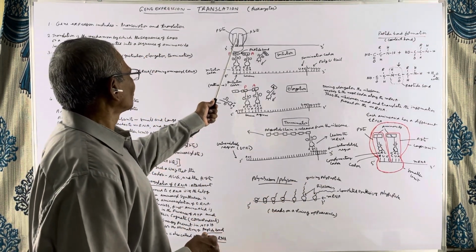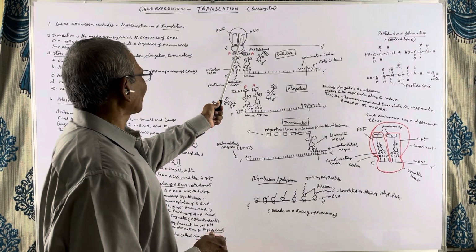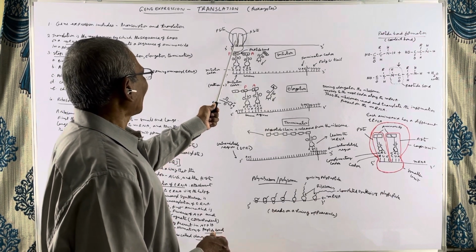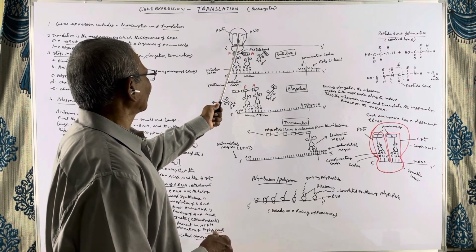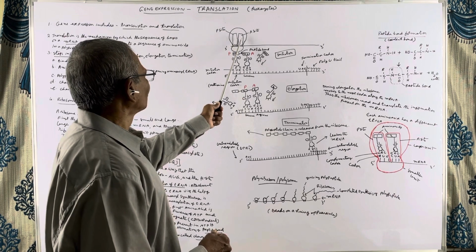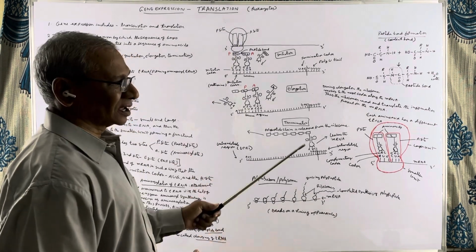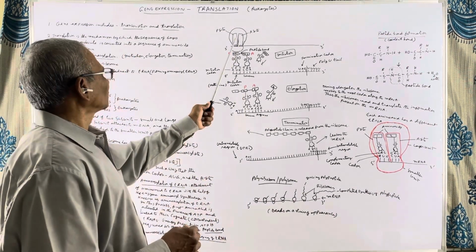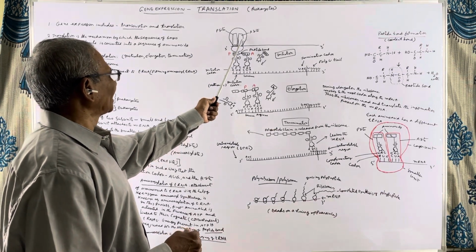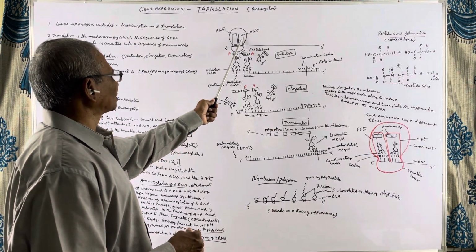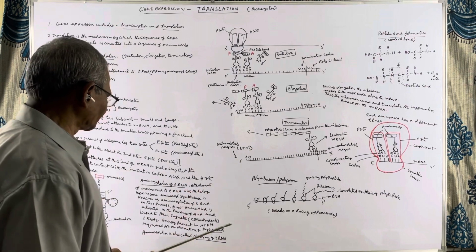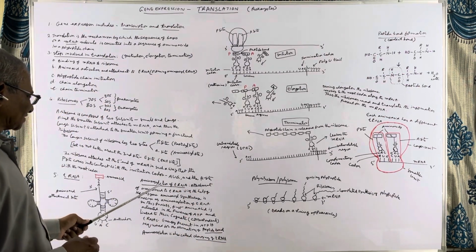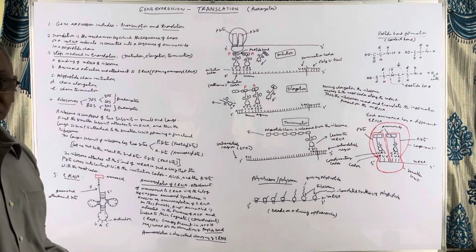Initially, both P site and A site are vacant, and two tRNAs get attached to P site and A site. But later on, only this site gets vacated and tRNA comes and attaches to A site. Then, why this amino acylation process?